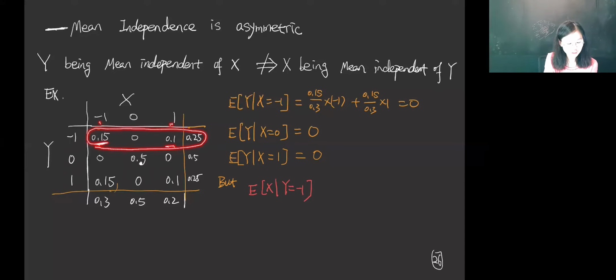So therefore, you can expect the conditional mean is negative. And more specifically, it equals -1 times 0.15 divided by 0.25 plus 1 times 0.1 divided by 0.25, and that should be -0.2.